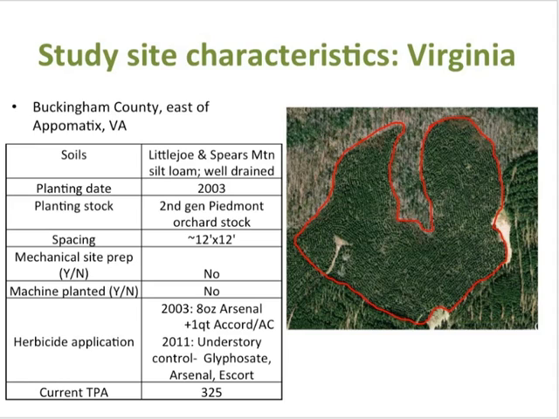After the site was selected as a Tier 3 location, Andy and the crew up in Virginia completed an understory control in 2011, several months ago. They added glyphosate, Arsenal, and Escort to cut down some of the smilax and the briars, and I think knock out some of the volunteer pines. Based on Andy's inventory, it's 325 trees per acre at this location.